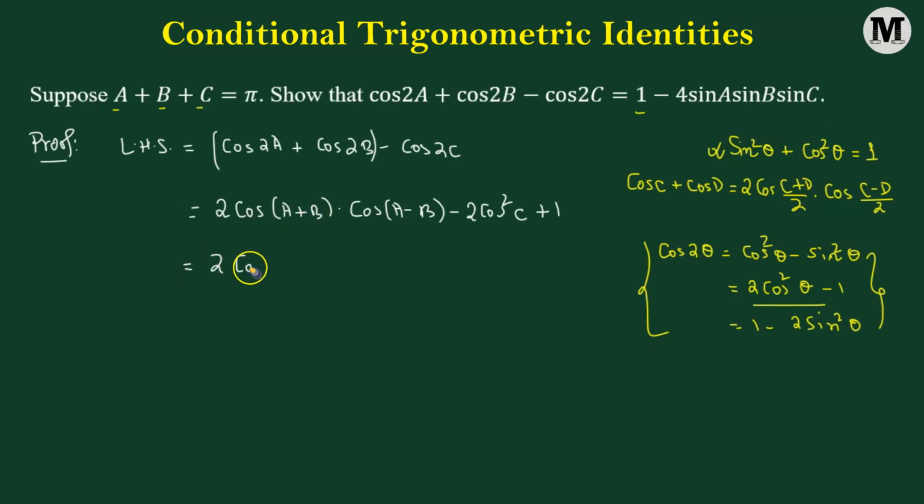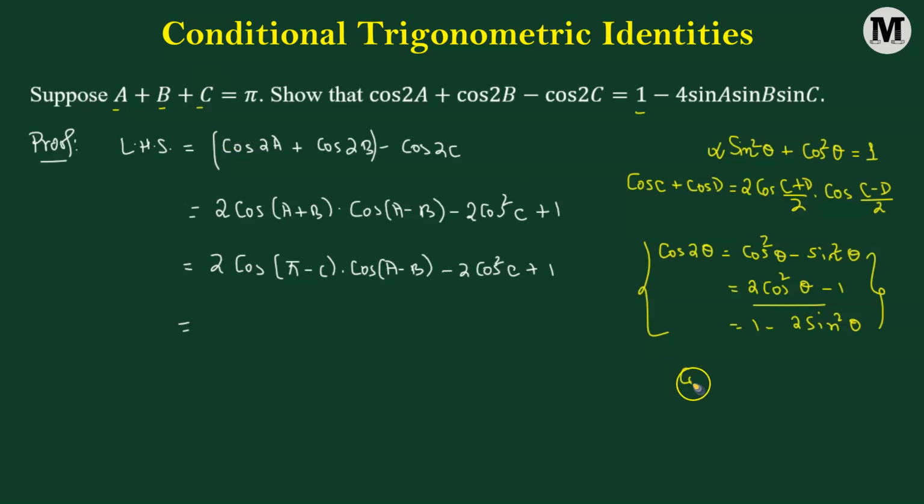Now we're going to manipulate A plus B. In place of A plus B, can we not write pi minus C, which means exactly the same thing? This gets multiplied with cosine of A minus B, minus 2 times cosine squared C, added to 1. Now what is cosine of pi minus C?